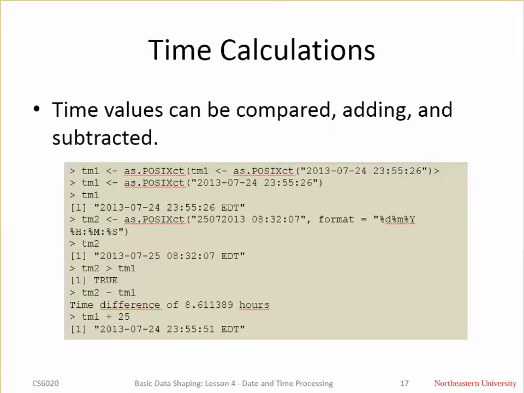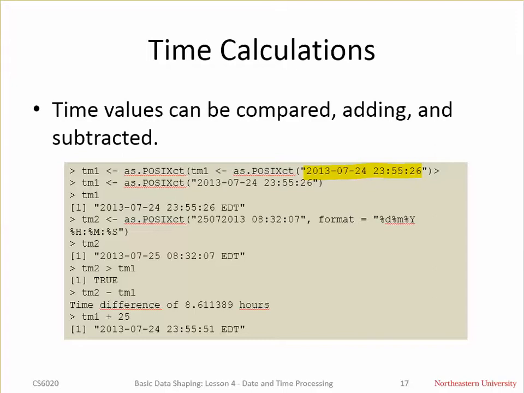Now, of course, you can do some pretty sophisticated time calculations. Time values can be compared, they can be added, they can be subtracted. Here's some examples of that. So here we have a time value for 2013 7/24 at a particular time. Oops, actually this is a repeat here.